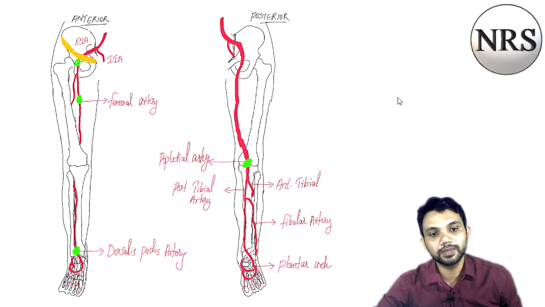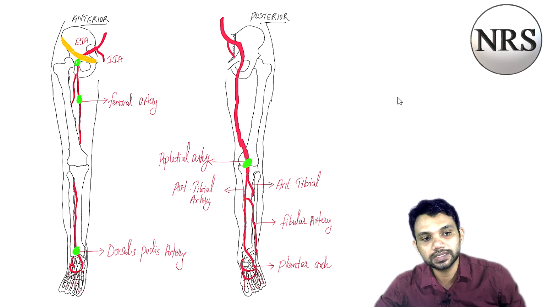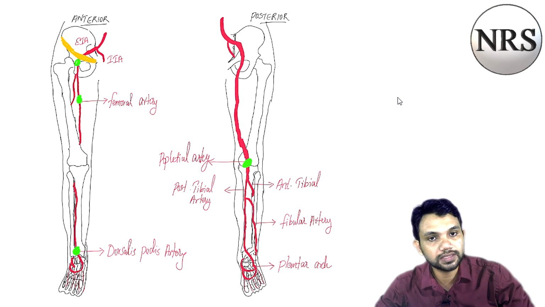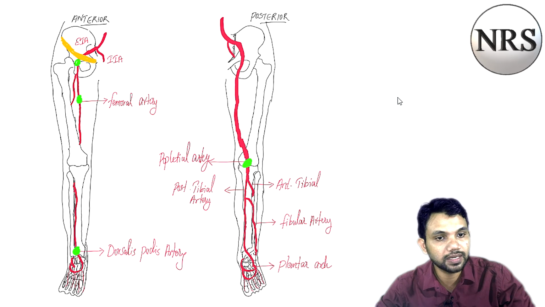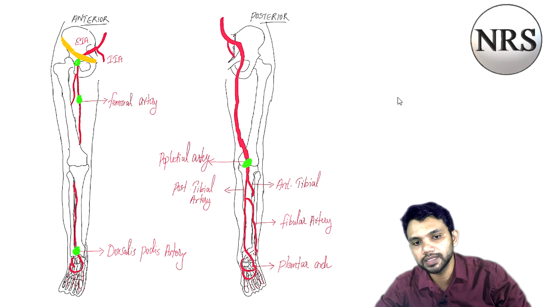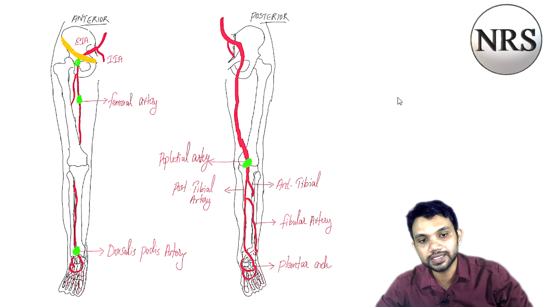The femoral vein will cross the inguinal ligament to form the external iliac vein. At the sacroiliac joint, the external iliac vein joins with the internal iliac vein and becomes the common iliac vein, and this common iliac vein will join the inferior vena cava.